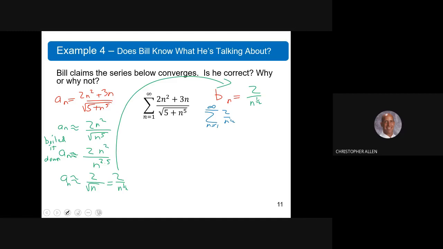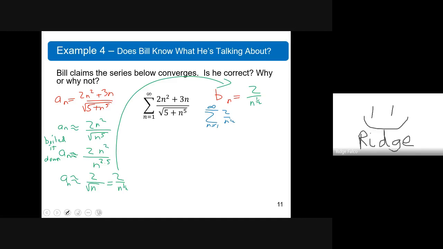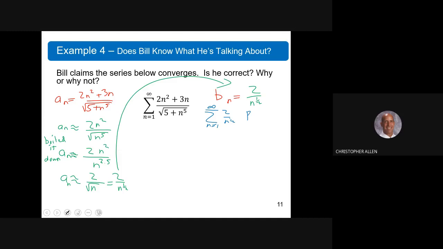Does it converge or diverge? It diverges. Because why, Rich? P-series. It is a p-series with p equaling 1/2, which is clearly less than 1, so it diverges.